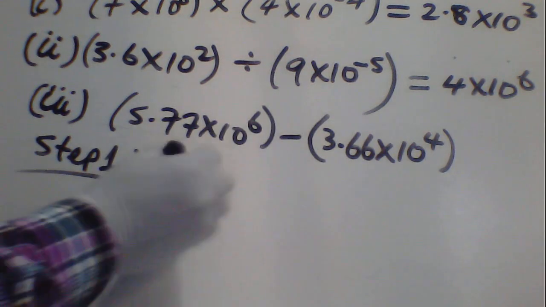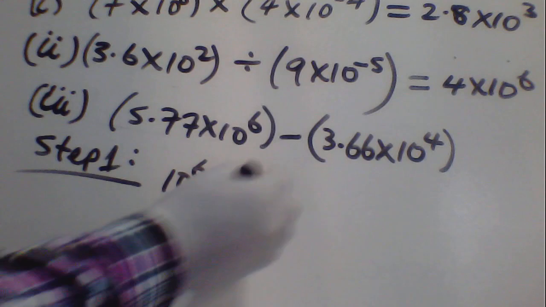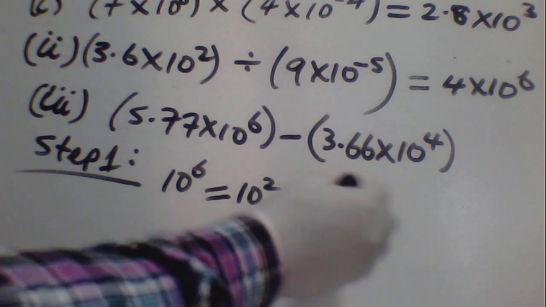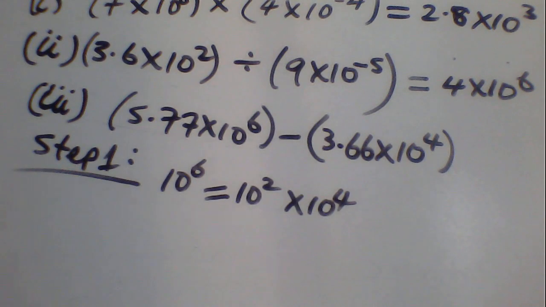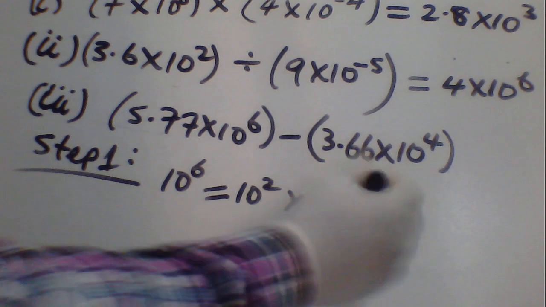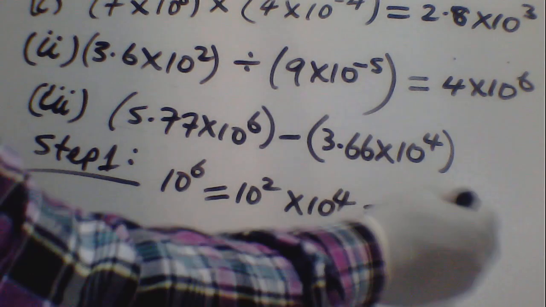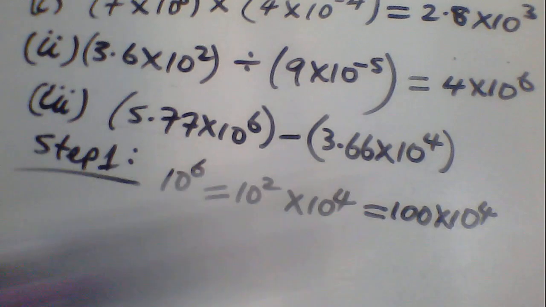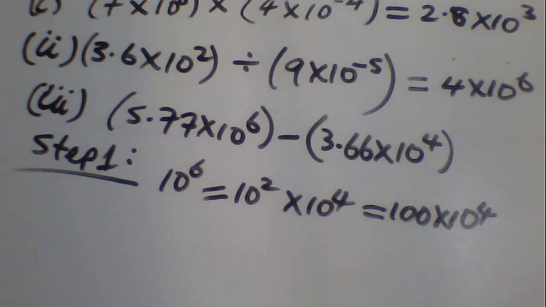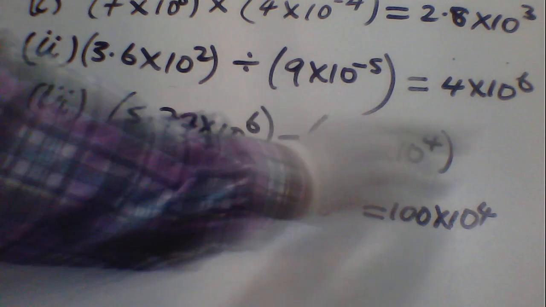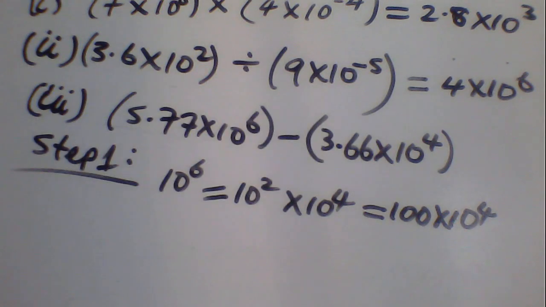We have 10 raised to power 6 is the same thing as 10 raised to power 2 times 10 raised to power 4. So once you have done that, this is the same as 100 times 10 raised to power 4. In some cases, some students will like to expand these powers and then subtract.